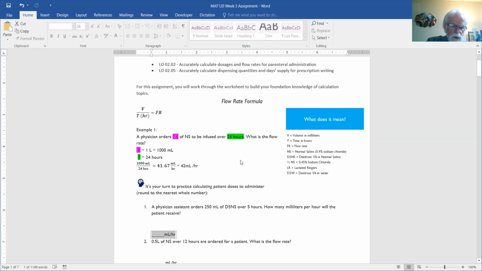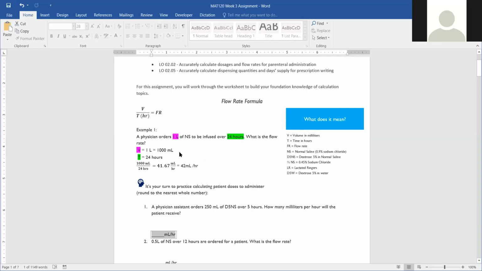This short, easy example here at the beginning is 1 liter of normal saline over 24 hours. So in the absence of any other information, such as a specification of an apparatus to deliver a certain drop rate, we assume it's a pump, and they always deliver in milliliters per hour.